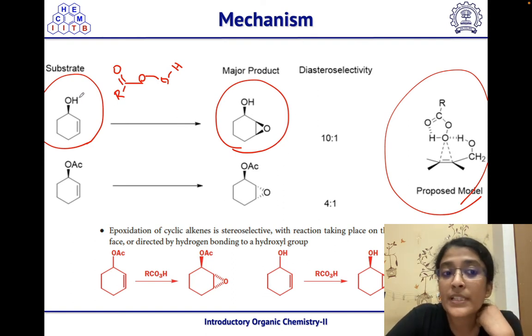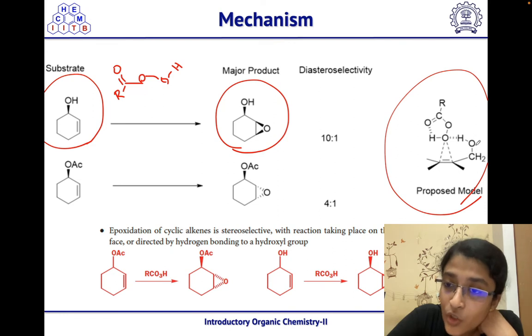So this alcohol will form hydrogen bonding interaction. See, this is the alcohol, CH2OH. It is forming hydrogen bonding with this peracid oxygen. This is the peracid.